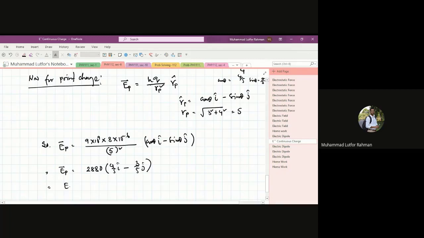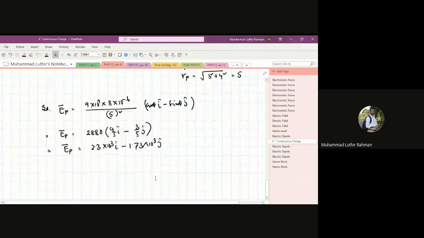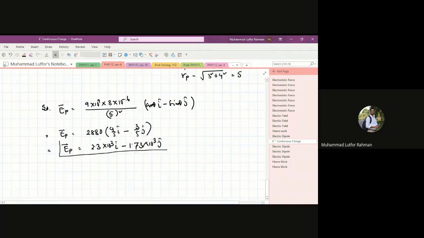If you do that calculation, you'll find out it will be 2.3 into 10 to the 3 i hat minus 1.73 into 10 to the 3 j hat. This is the contribution for the point charge at point P. Fine. Now I'm going to find out the resultant.